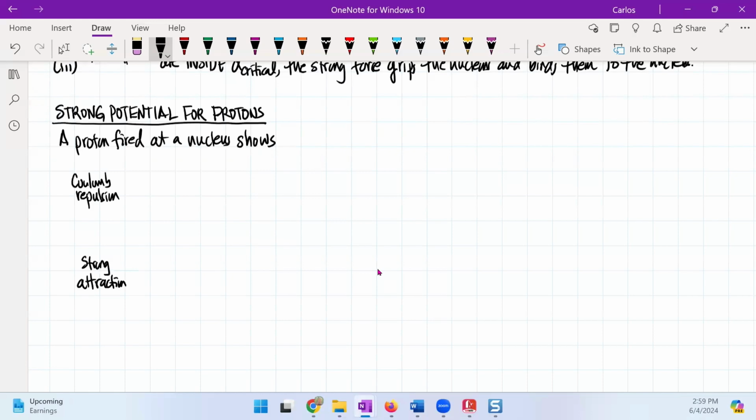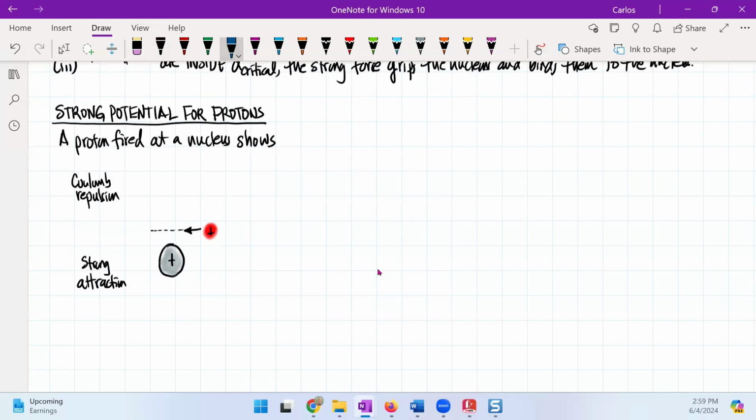If I shoot this proton in this direction, and I have a nucleus here, there are going to be two motions.